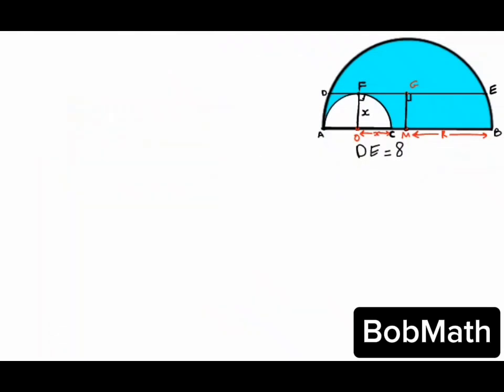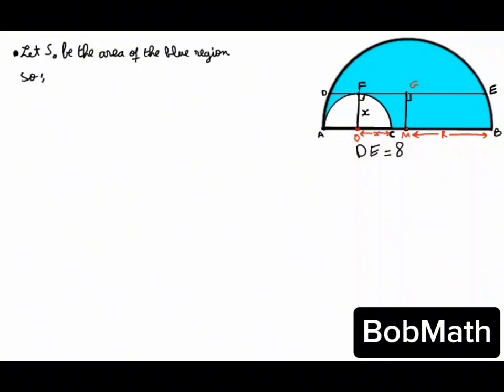From the figure, we have the blue area is the area of the large semicircle minus the area of the small semicircle. Let S0 be the area of the blue region.